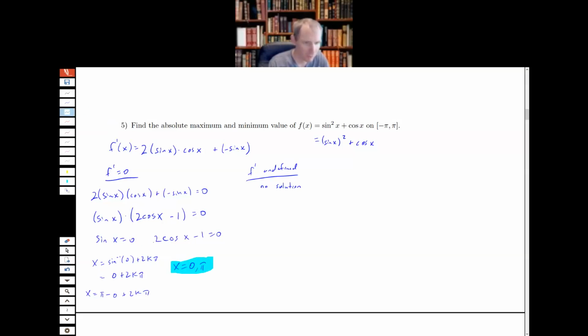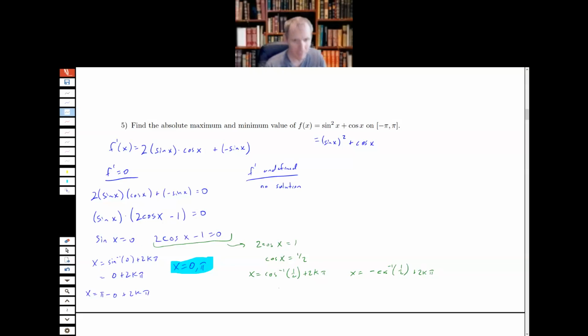Now let's solve this cosine equation. So 2 cosine x equals 1. Cosine x is 1/2. So x is cosine inverse of 1/2 plus 2k pi. Or x could be negative cosine inverse of 1/2 plus 2k pi. Okay. And remember, at this point, if you don't have your unit circle memorized, now's not the time to start.